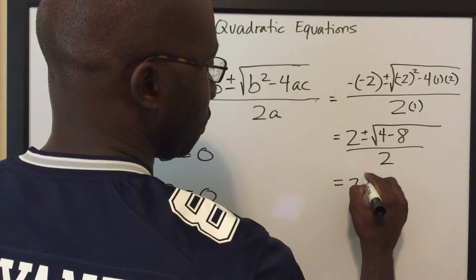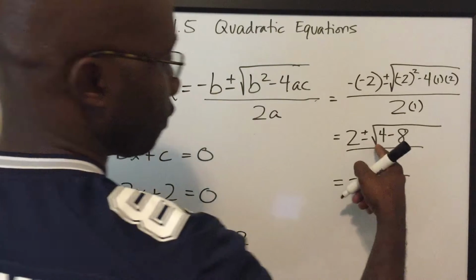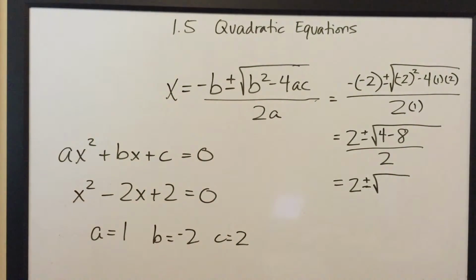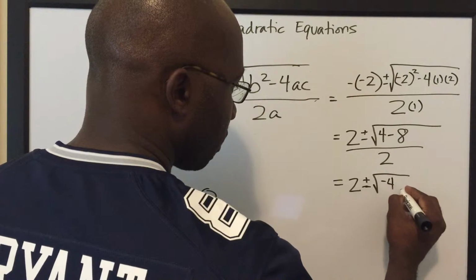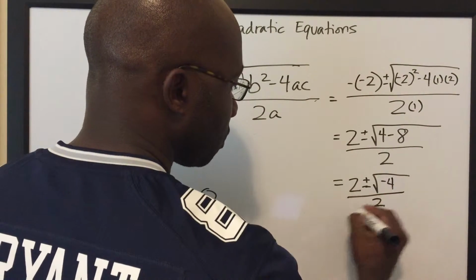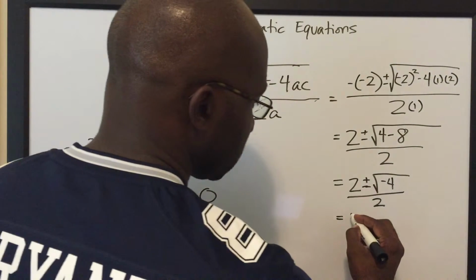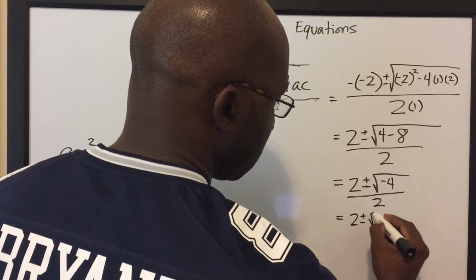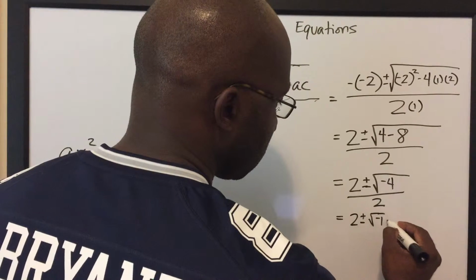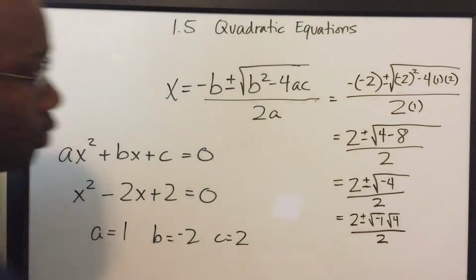That equals 2 plus or minus the square root of 4 minus 8, that's negative 4, all over 2. You remember what we said about imaginary numbers? So this is 2 plus or minus the square root of negative 1 times the square root of 4 all over 2.